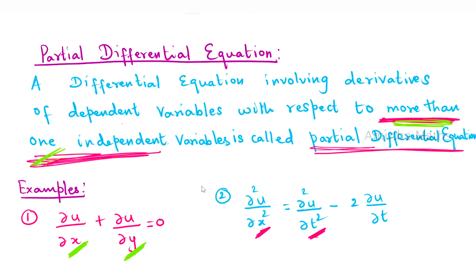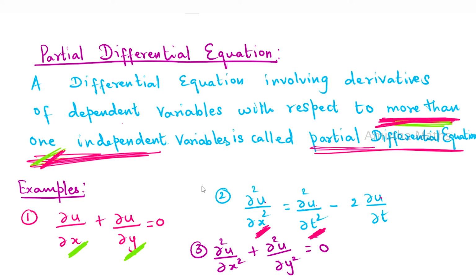So here x is an independent variable, t is another independent variable. How many dependent variables are there? Only u is the dependent variable. We have two independent variables. So by definition, if we have more than one independent variable, then we call it a partial differential equation.